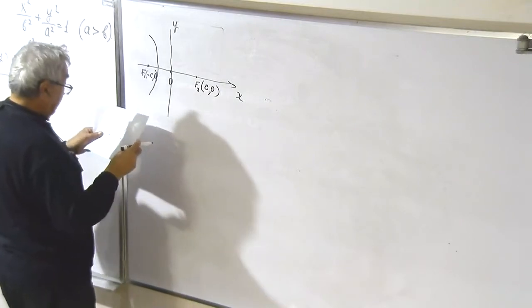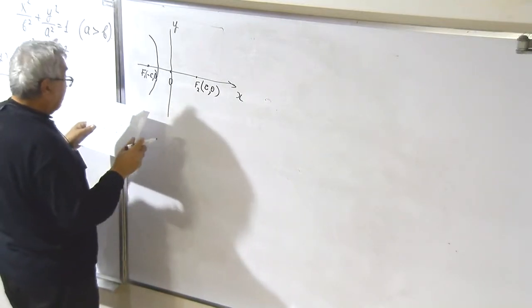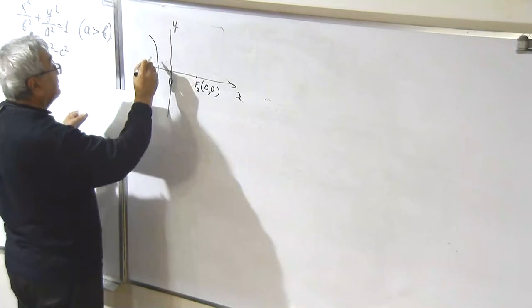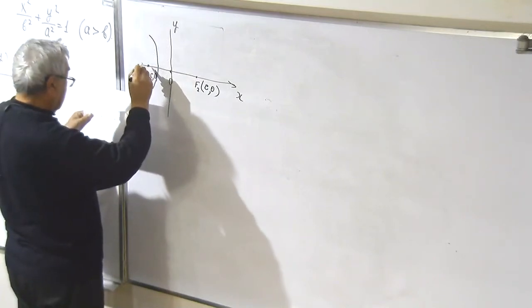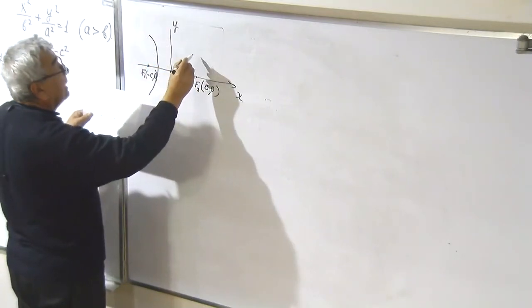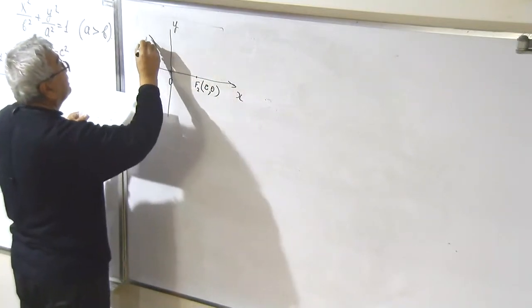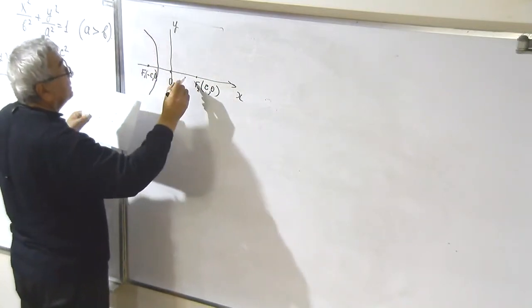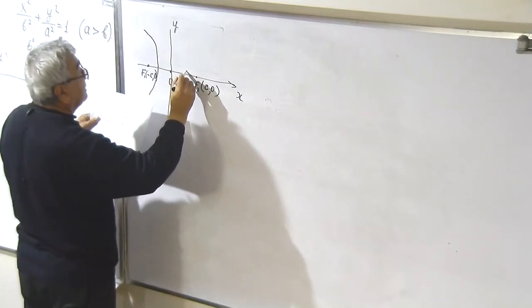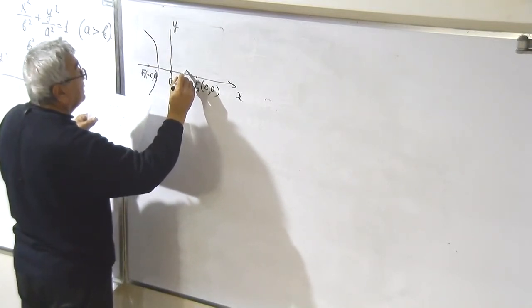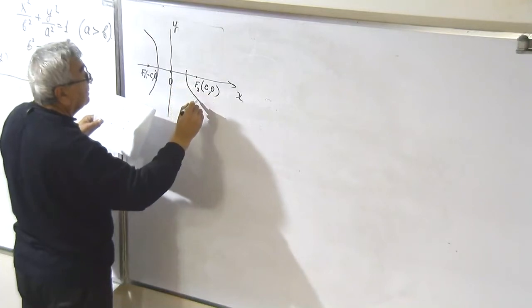And here I will take some points. Now I plot the other curve, oh sorry, the hyperbola should be the following.